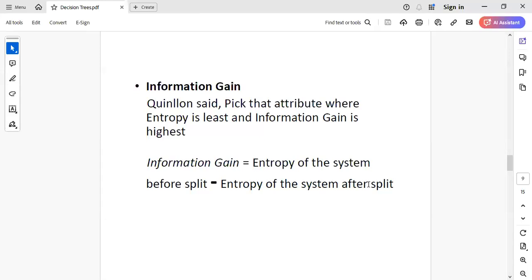Whether we apply entropy or information gain, after a certain amount of time, the statisticians identified that even information gain has an error. What is that error?